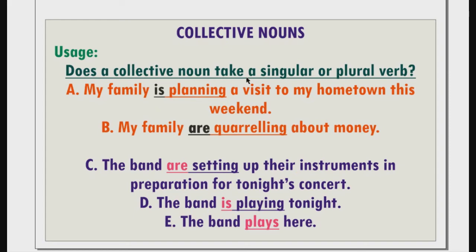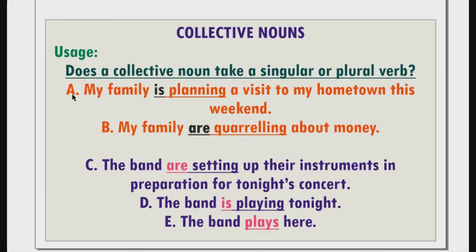But if the action shows that they are not united, if the action shows that they are divided, if the action shows that each of the members in the collective noun is carrying out the action differently, individually, then we can use the plural verb.